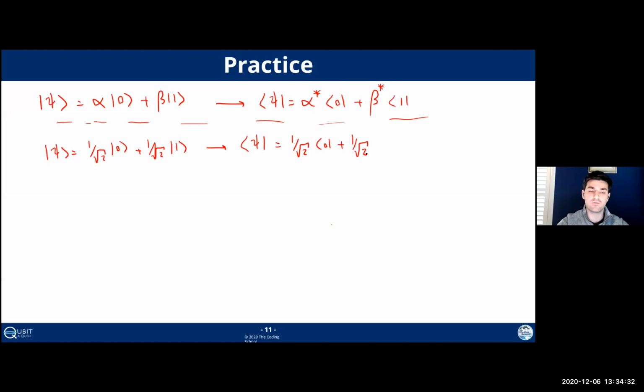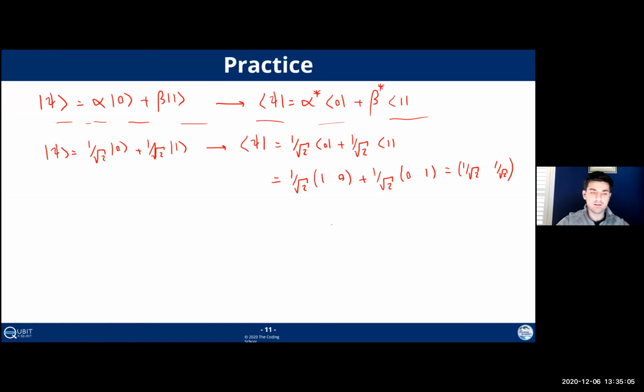Plus 1 over square root of 2 times the bra of 1. And again, I can write this as a row vector by simply writing the 0 state as 1, 0, and then writing the 1 state as 0, 1, which then gives me 1 over square root of 2 and 1 divided by square root of 2 as the entries.